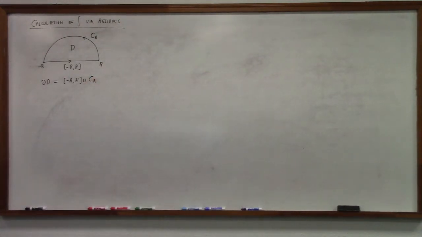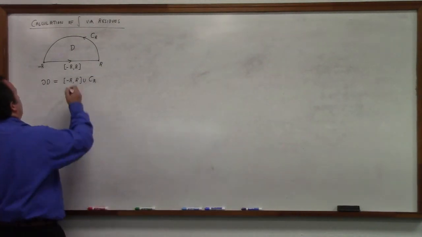And so if we have a function which is analytic at all but a finite number of isolated singular points, z1 through zk, in the disk, what can we say?